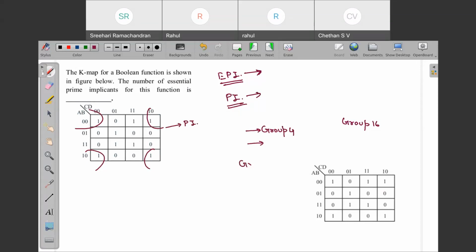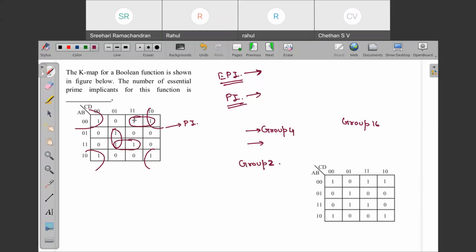Now go to groups of 2. See how many groups of 2 are here. So this is one, another is this one, and any other we have, so this one. So there is only this.